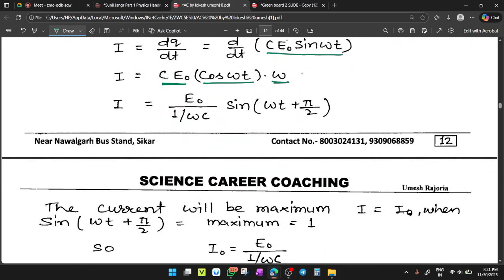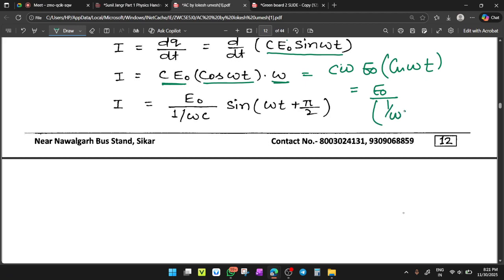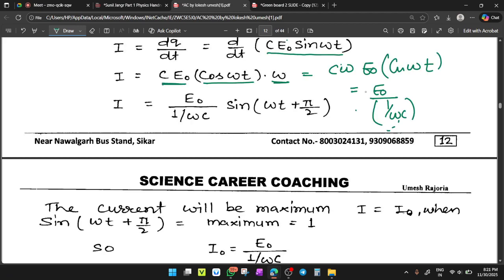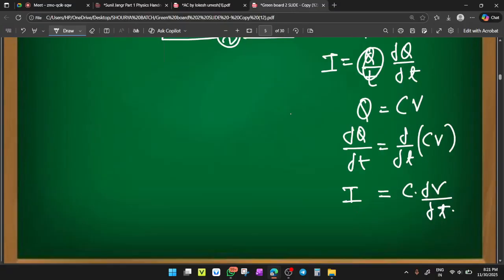So this becomes C omega E naught cos omega t. This can be written as E naught upon 1 upon omega C, cos omega t, because C omega in the numerator becomes 1 upon omega C in the denominator. This 1 upon omega C is called, sorry, not inductive, it is called capacitive reactance.